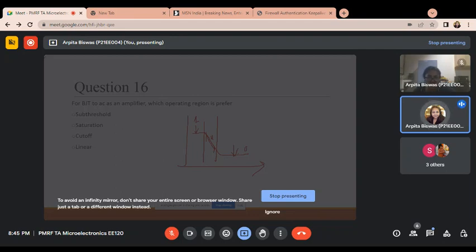But in the linear region, we use it as an amplifier. A small change in input gives a larger change in output. So this is the linear region.